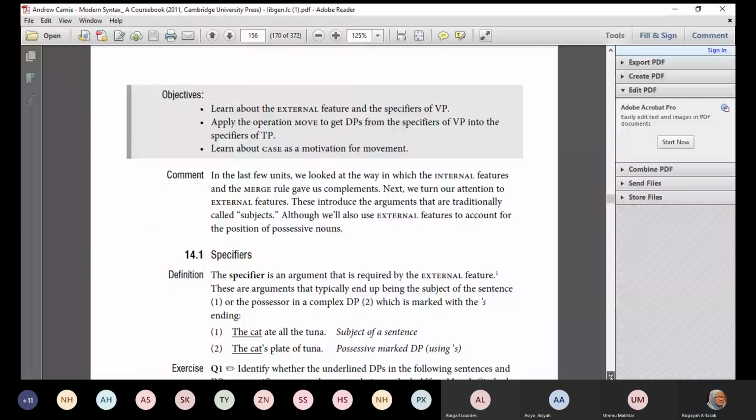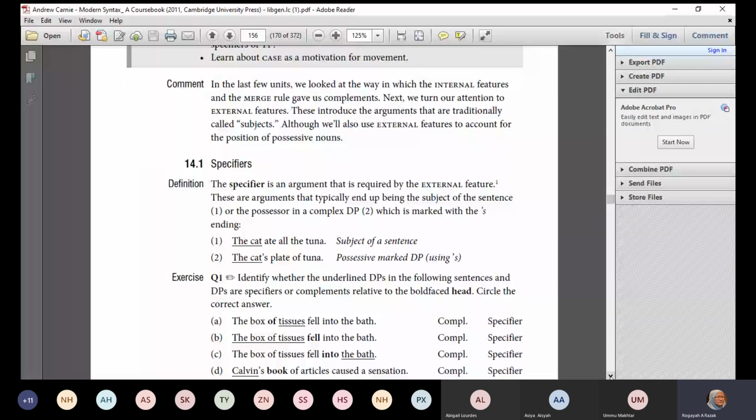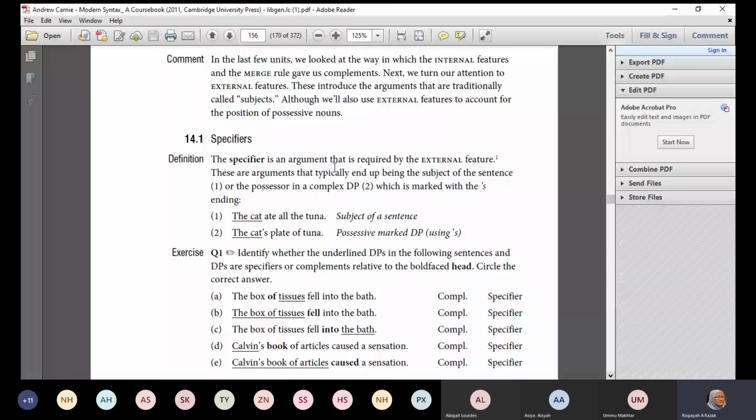Specifiers. What are specifiers? The specifier is an argument that is required by the external feature. These are arguments that typically end up being the subject of the sentence or the possessor in a complex DP. So for example, the cat ate all the tuna.